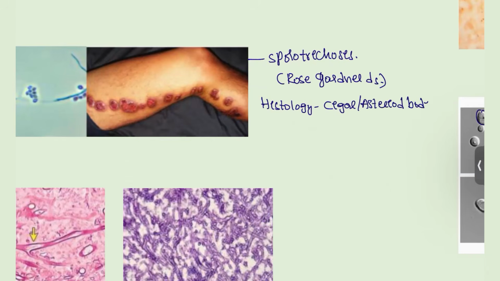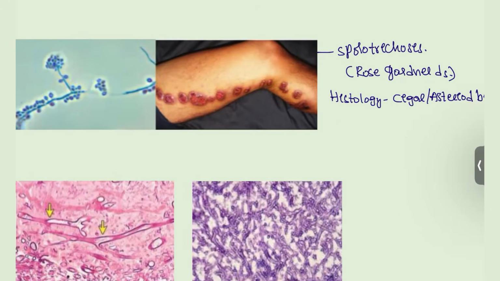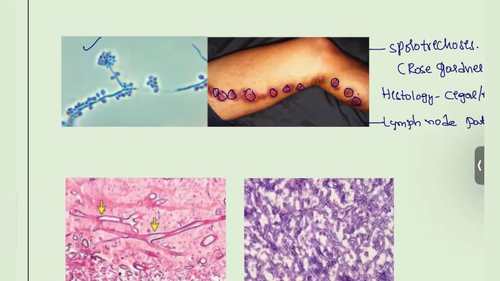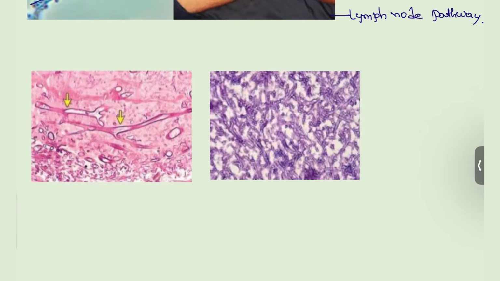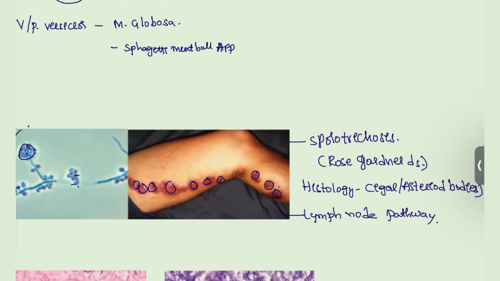This will follow a linear pattern along the lymphatics, lymphocutaneous disease. It will follow the lymph node pathway for the lesions. Another picture on microscopy like this: asteroid bodies are seen in the patients with sporotrichosis.